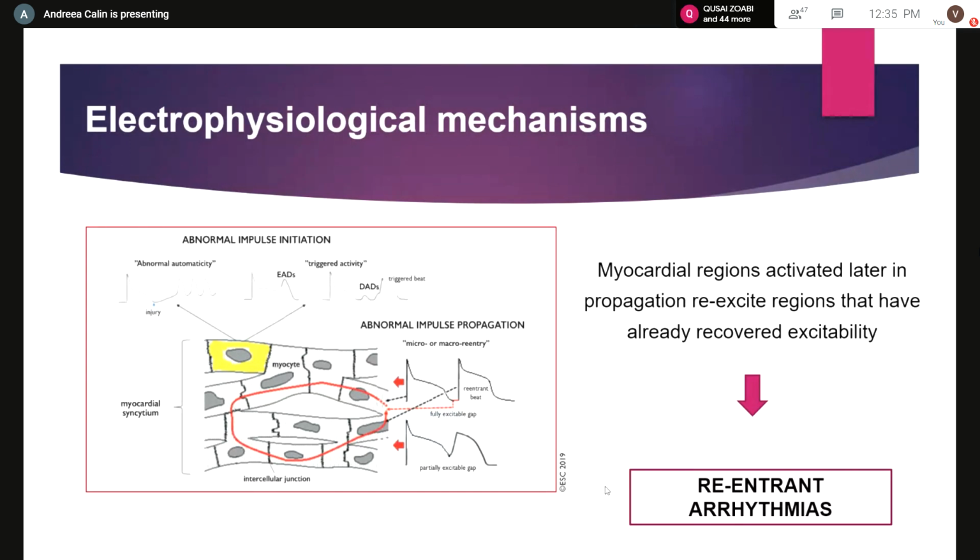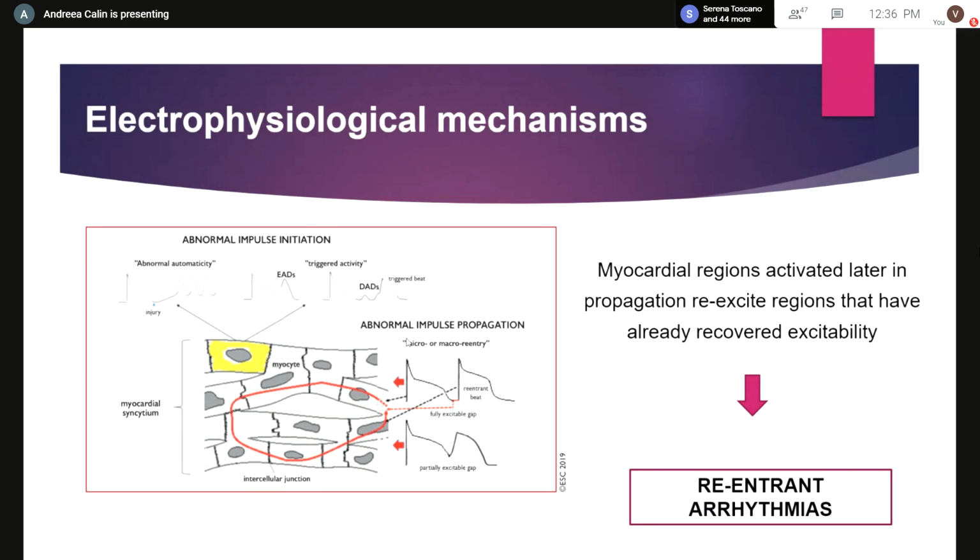On the other hand, there are re-entrant arrhythmias that are based on circuits in the myocardium, these loops that are formed between different myocardial regions that are activated later in the propagation of the impulse and re-excite regions that have already recovered their excitability. And these loops form in the myocardium.